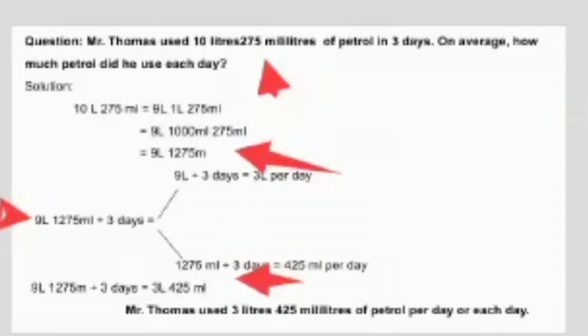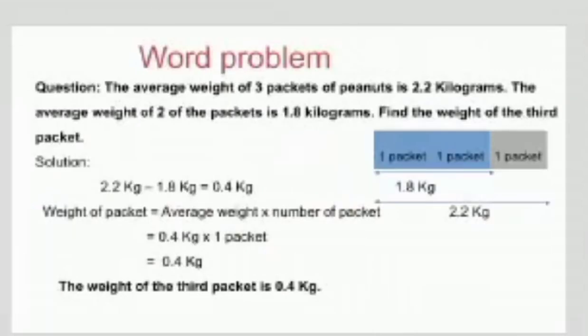Now I have over here a word problem for you. The average weight of 3 packets of peanuts is 2.2 kilograms. Note this: 2.2 kilograms is the average weight of 3 peanut packets, as you can see in the picture in the bar as well.